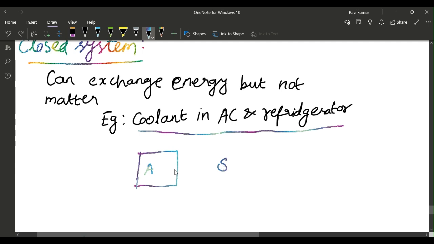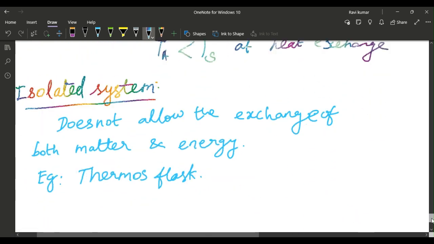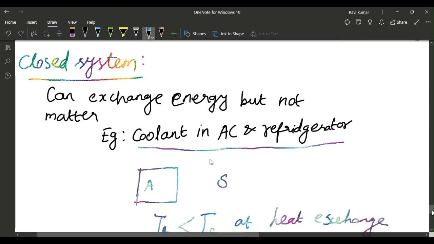Heat exchange happens even if the temperature of the system A is less than the temperature of the surrounding. Even at this condition, heat exchange happens. How does it happen? The coolant is circulated between the system and the surroundings.